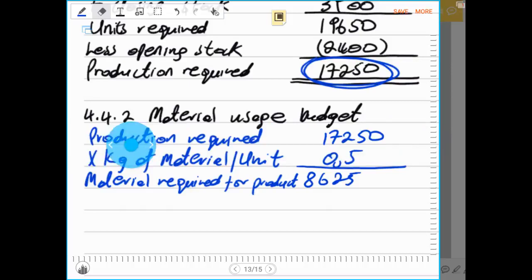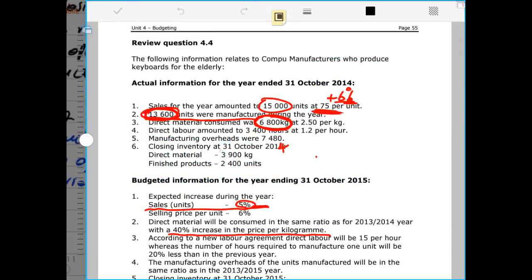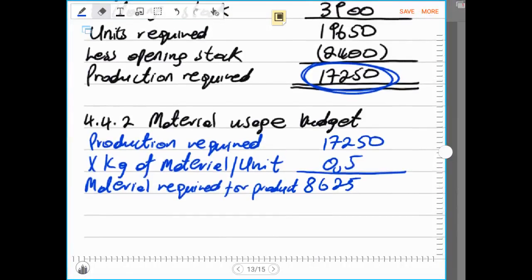So now we have the material that was in the opening balance, and that material was 3,900 kgs, and we don't need that material because this material is already there. It was brought from the previous accounting period. So now we have to say opening balance must be subtracted because we don't need to buy this. It is already in the storage. So that is why opening balance must also be subtracted in this budget.